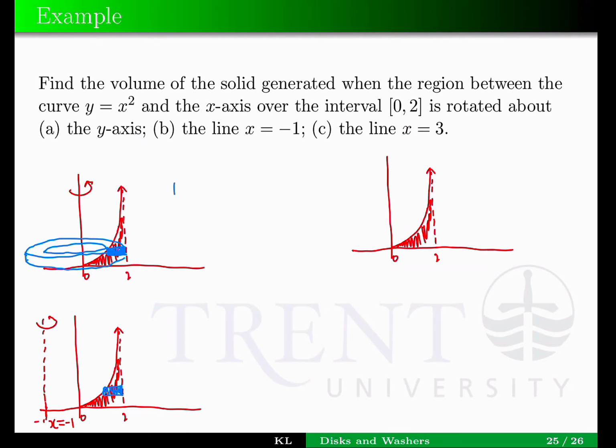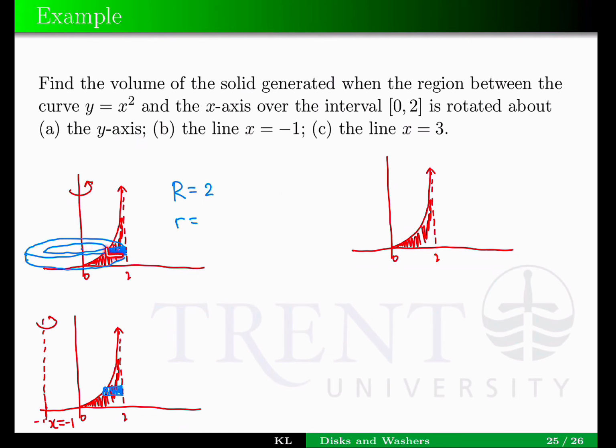The outer radius will be from 2 to this one here. The inner radius, or the smaller radius, will be from your axis going to this function.